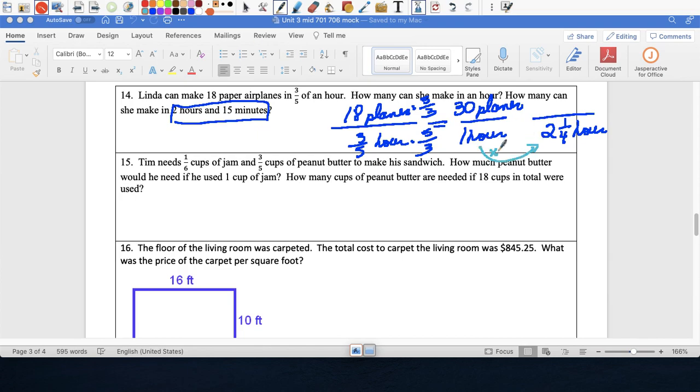Well, times 2 and 1/4, which means I'm going to take the top one and multiply that by 2 and 1/4. So 30 times 2.25, which is probably easier. She can make 67.5 airplanes, but in the context of this story, we're just going to say she's going to make 68 airplanes.